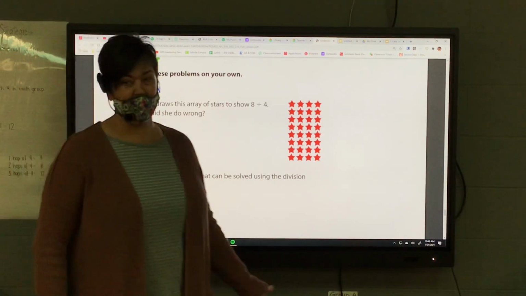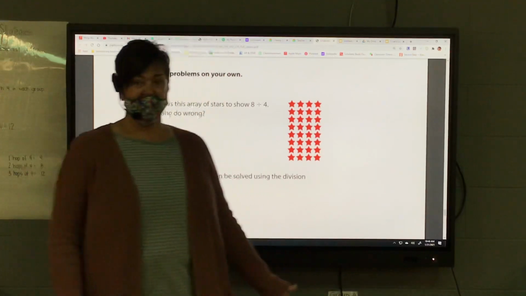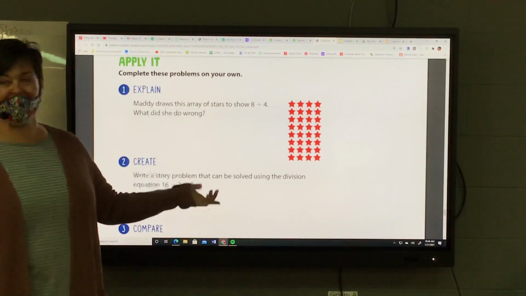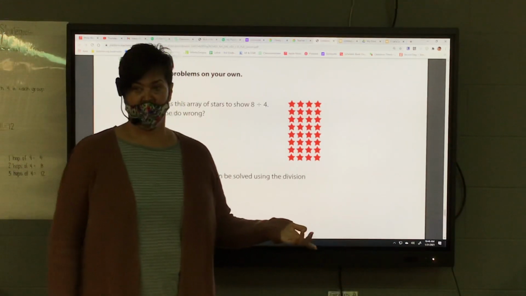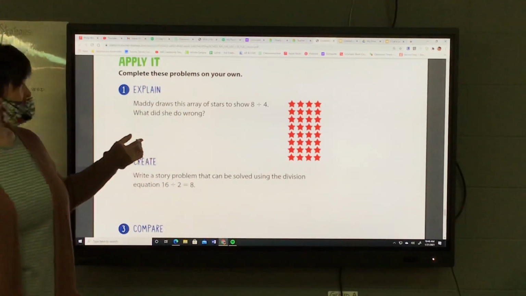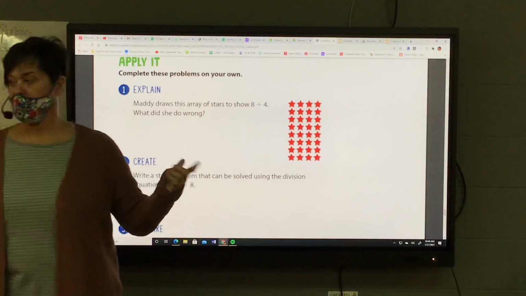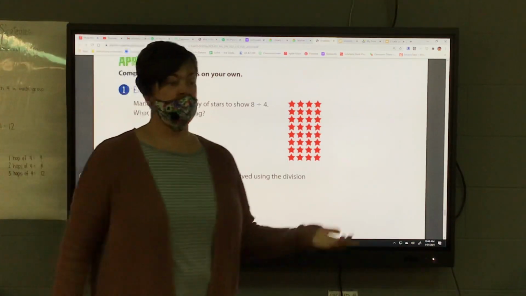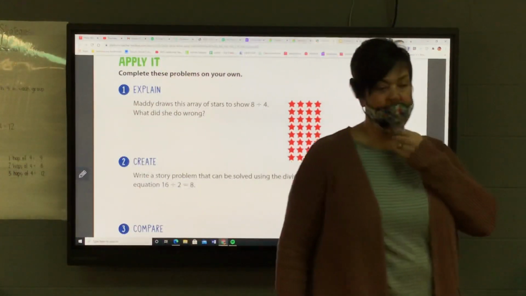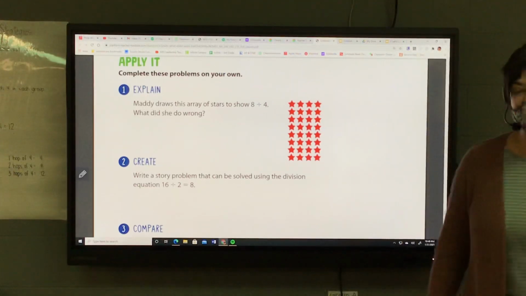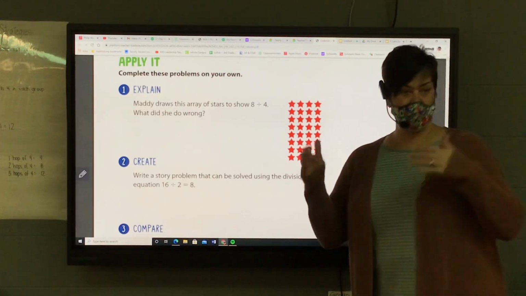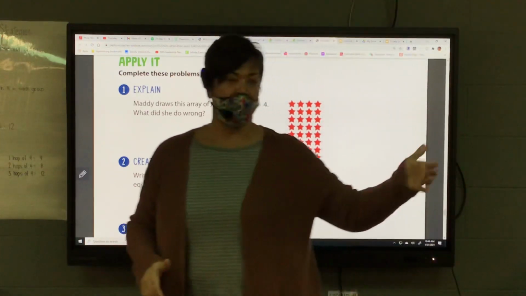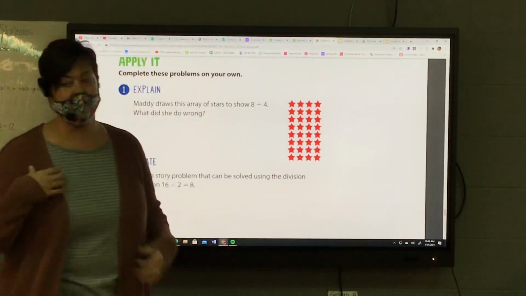She showed multiplication. So she's showing us 8 times 4. Can we write that down? What did she do wrong? She multiplied instead of divided. What did she multiply? 8 times 4. Get it written down.